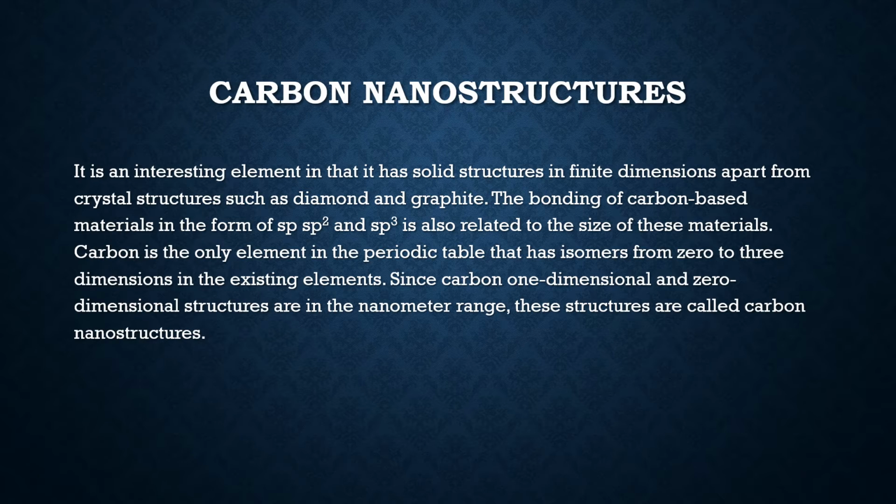Carbon is the only element in the periodic table that has isomers from 0 to 3 dimensions. Since carbon one-dimensional and zero-dimensional structures are in the nanometer range, these structures are called carbon nanostructures.